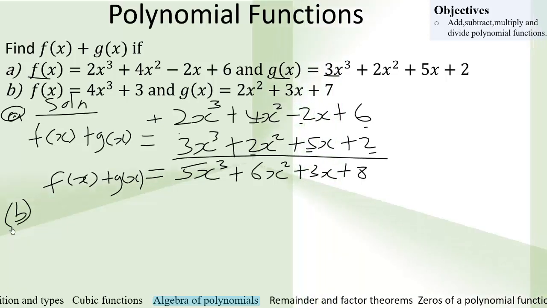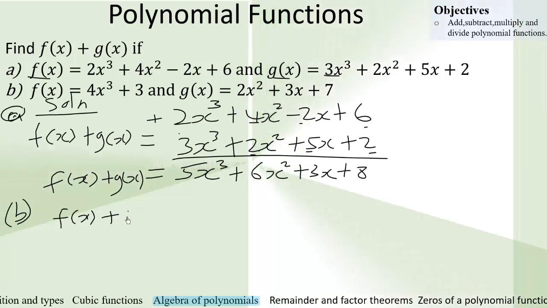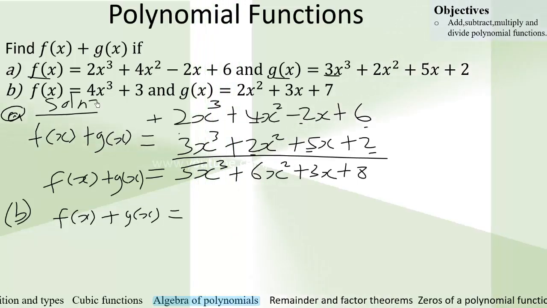We are adding f of x and g of x. So f of x plus g of x will be equal to, so the f of x is 4x cubed. So we are going to use the coefficients of 0 to represent the missing terms.